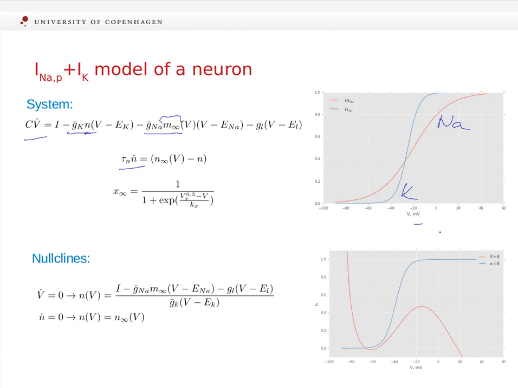The null lines for this model are easy to derive analytically, and they're shown in the bottom graph here. The red one is the null line of the membrane voltage, and the blue one is the null line of the activation gate of the potassium current.